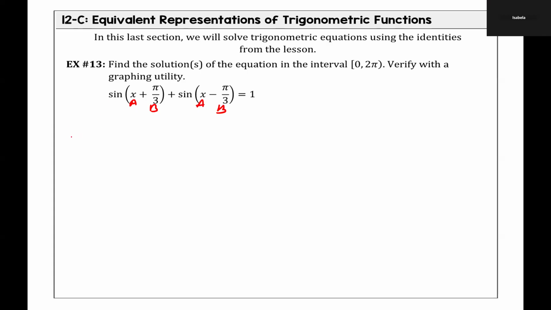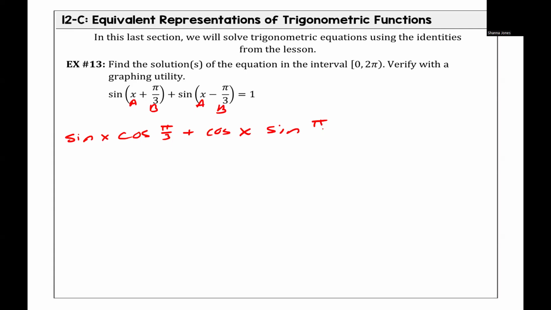So for the first one, we have the sine of x times the cosine of pi over 3. Y doesn't lie, so plus the cosine of x times the sine of pi over 3. So that's the first one. Agree? Anyone confused on where that came from? Are we okay? All right, now we're going to do the second one.